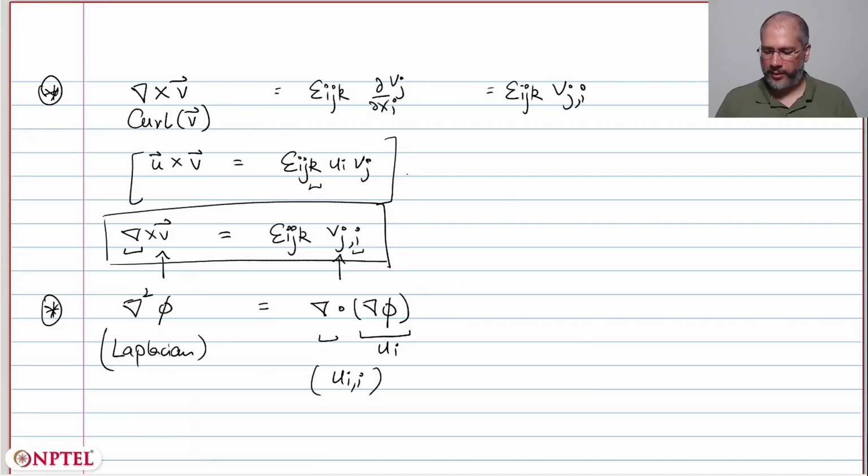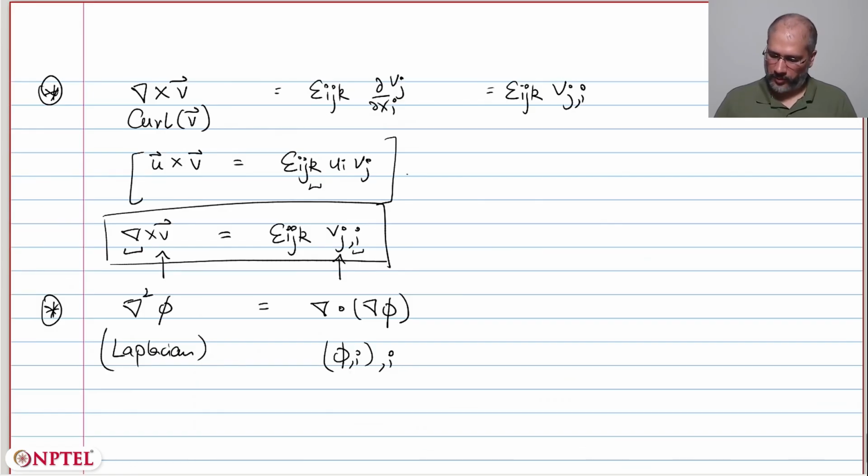So we'll find what this grad of phi is and simply do a comma followed by the same index. So let's do that. So grad of phi is phi comma i, and when you do a divergence of that, that becomes the vector comma i.